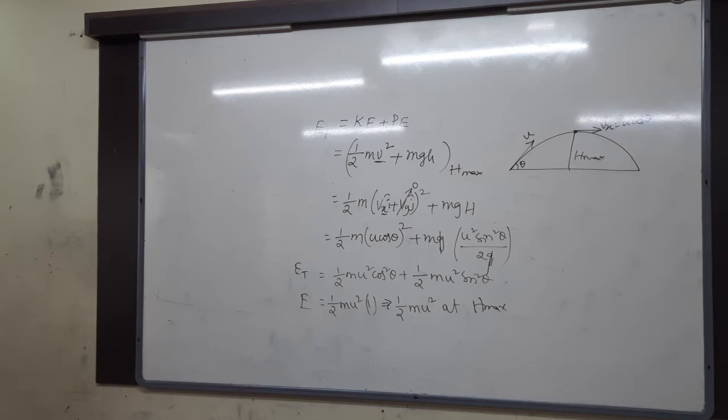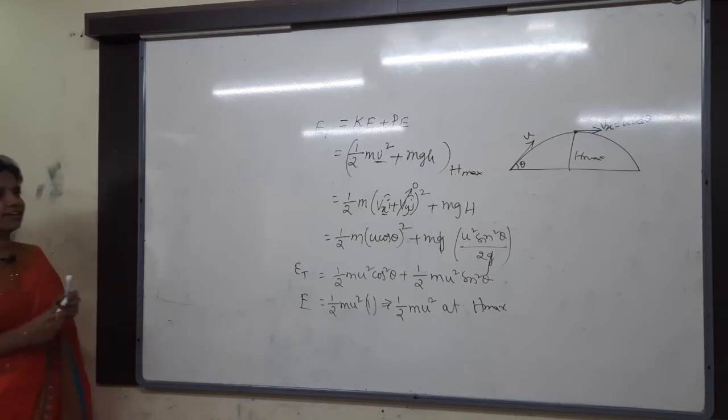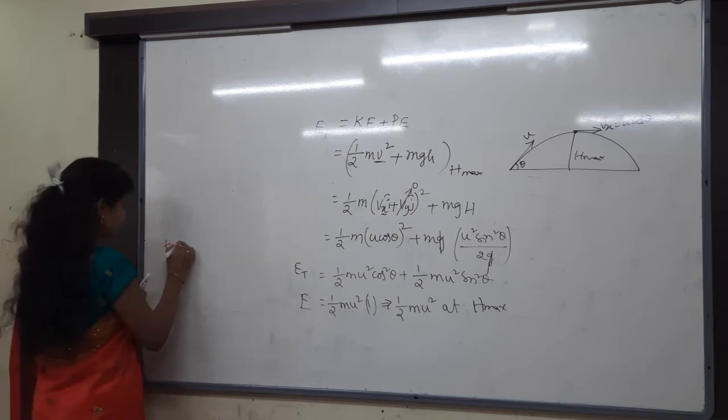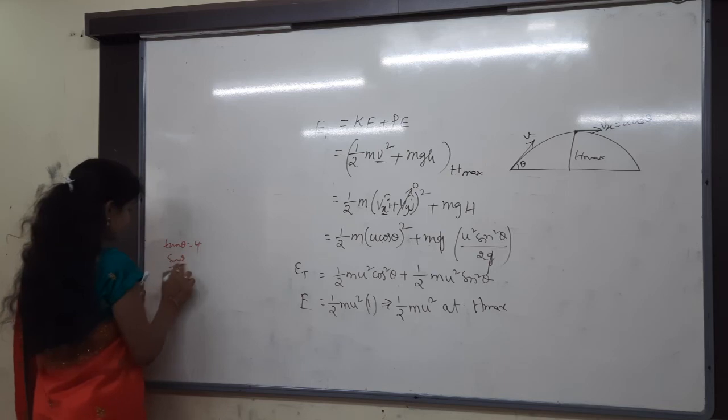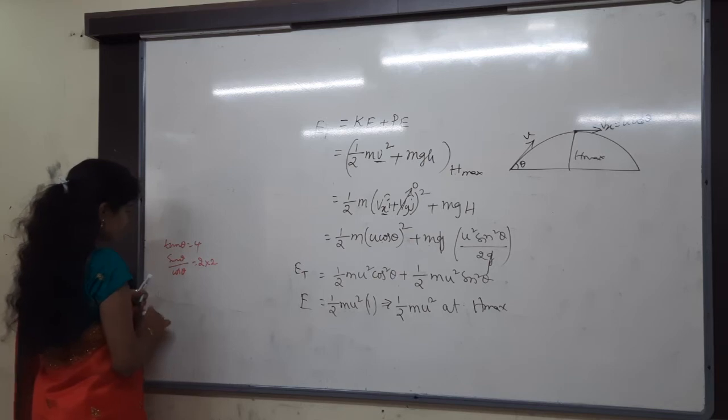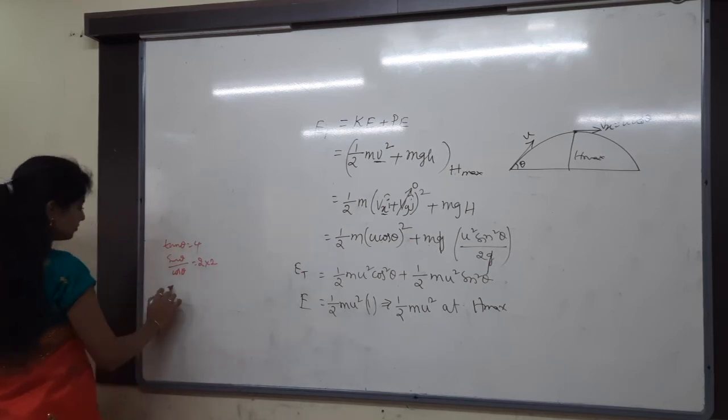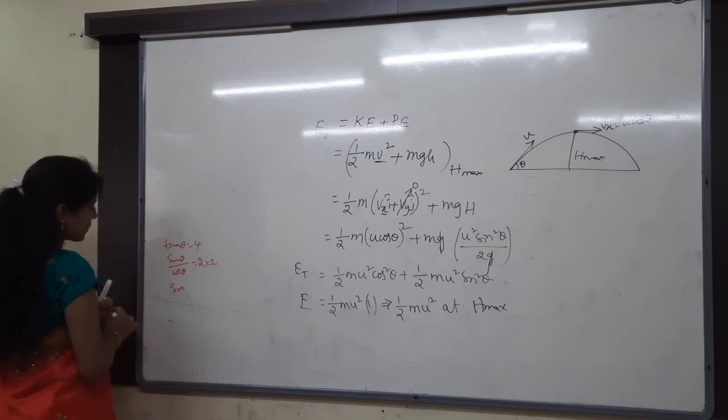The cot inverse of 1 by 4 you are saying. Cos inverse of 1 by 2. How did it come? Which one have we taken? Which one will come, 60?